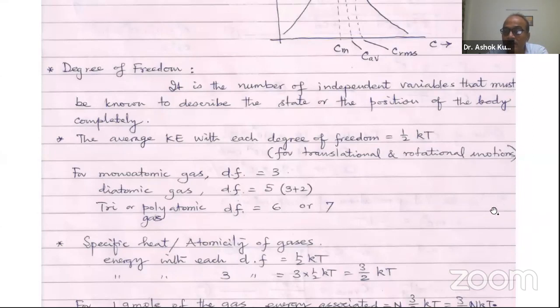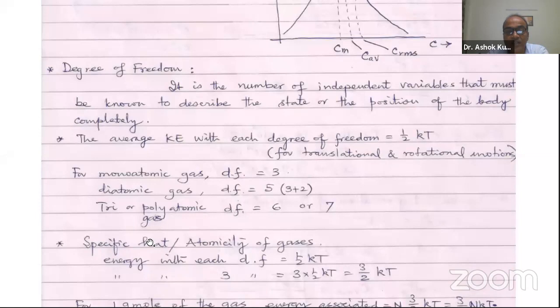Therefore, the moment of inertia along this axis becomes 0, so this is not of interest. Finally, we have only 2 degrees of freedom due to rotational motion and 3 degrees of freedom due to translational motion, total 5 degrees of freedom.